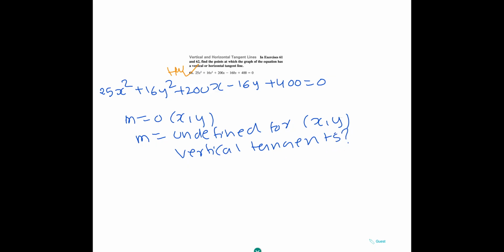The slope of the tangent at any point is equal to the derivative at that point. Hence, we calculate it by implicit differentiation as follows.